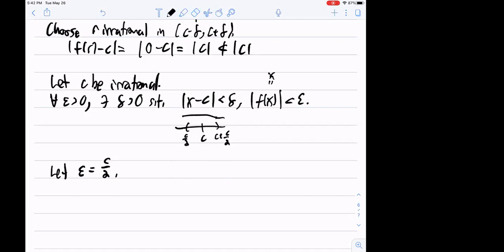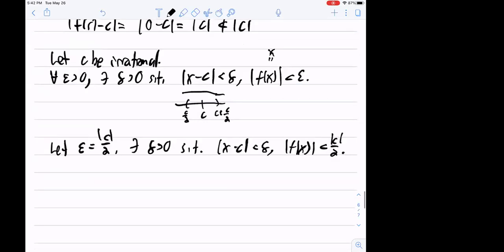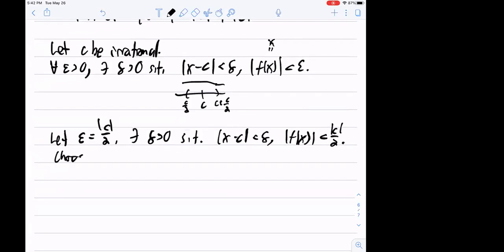If it holds for epsilon, then there exists delta bigger than 0, such that if the absolute value of x minus c is less than delta, then f of x is less than the absolute value of c over 2. Here, I'm going to choose s to be the minimum of the absolute value of c over 2 and delta.